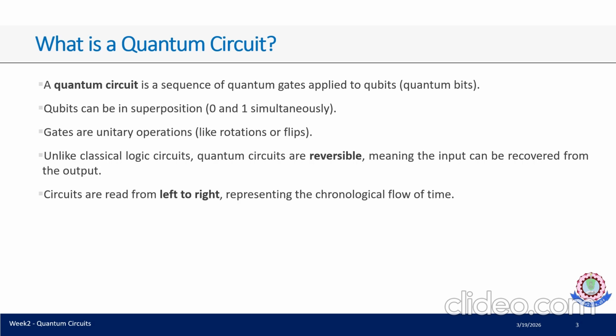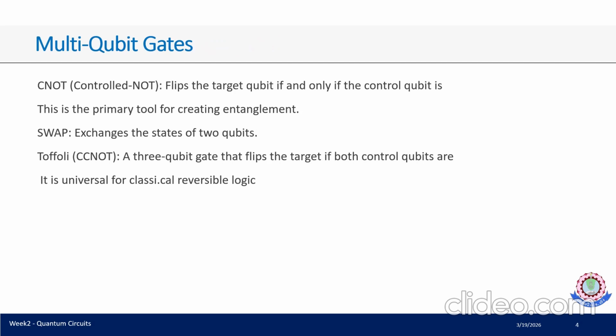Unlike classical logic circuits, quantum circuits are reversible, meaning the input can be recovered from the output. Circuits are read from left to right, representing the chronological flow of time. So this is a simple definition and a simple working visualization of quantum circuits.